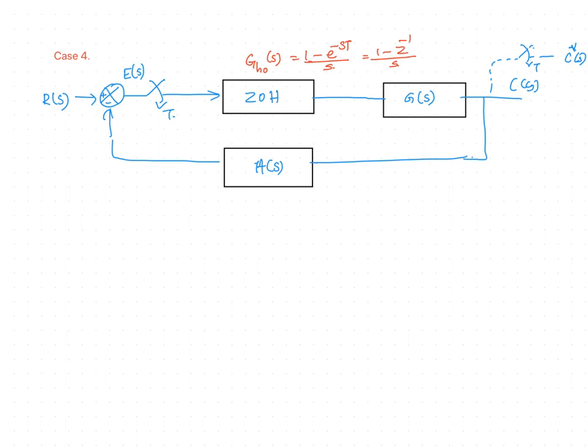So, we can see that since there is a sampler only at the input, we can very well combine these two in the forward path, and in the feedback path we can combine all these three.